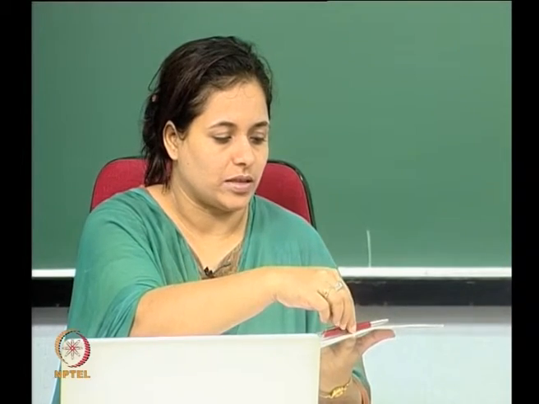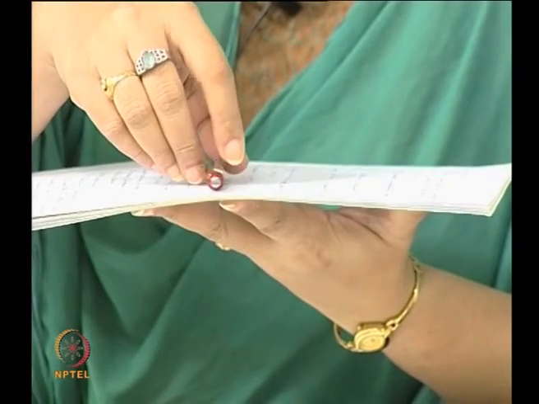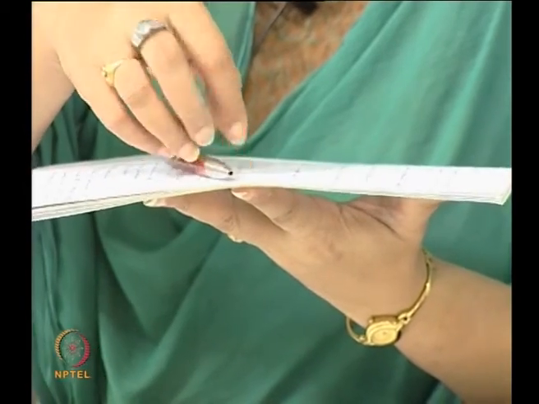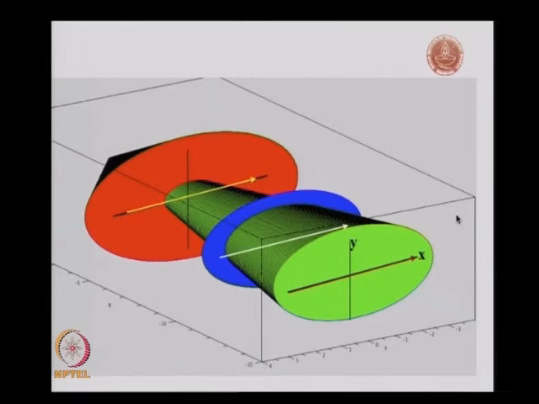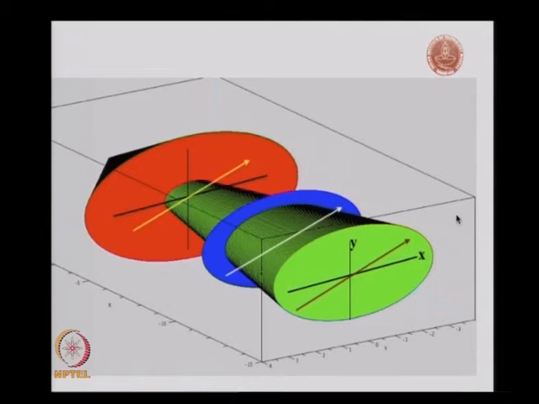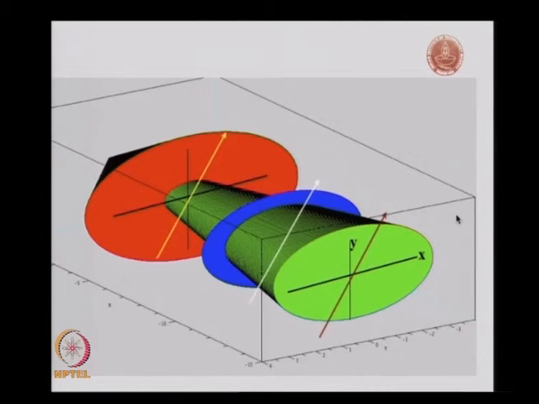This is the base. You can think of this as the base of the cone, and then you take this diameter axis and move it in this plane. So, what you just saw now is rotation in these planes.